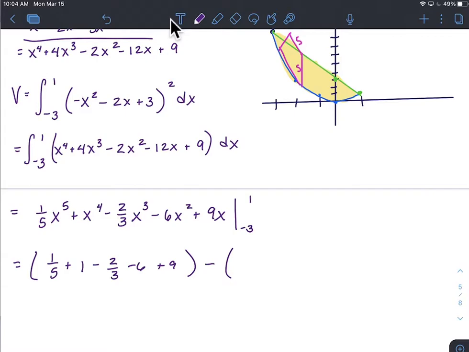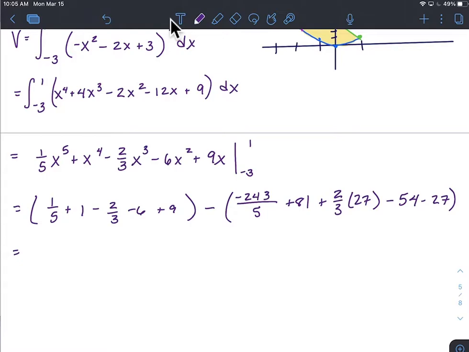We'll see. 3 to the 5th is 243, so that's negative 243 over 5 plus 81, and that's going to be positive 2/3 times 3 cubed is 27 minus 6 times 9, so 54 minus 27.